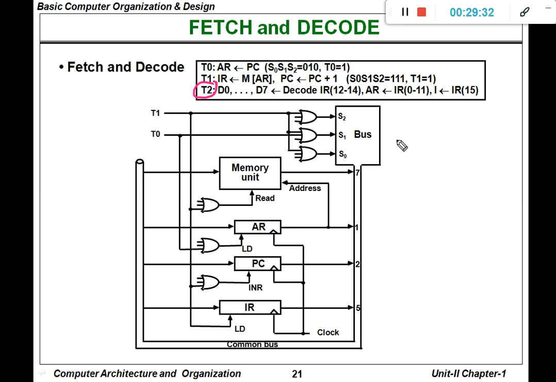We need to determine which it is based on the values of opcode, address, and register I. Based on all these values, we determine the values of D0 to D7. Based on the values of D0 to D7, we will determine what type of instruction it is.